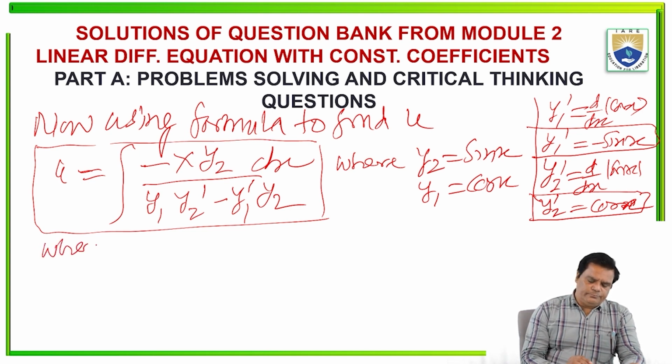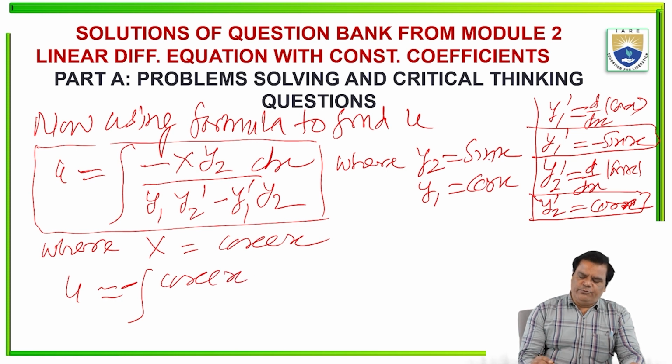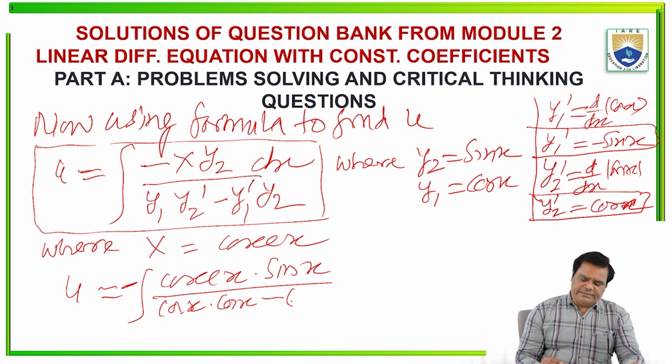Here x equals cosec x. Putting all values, u equals minus the integral of cosec x into sin x upon (cos x into cos x minus (minus sin x) into sin x) dx.